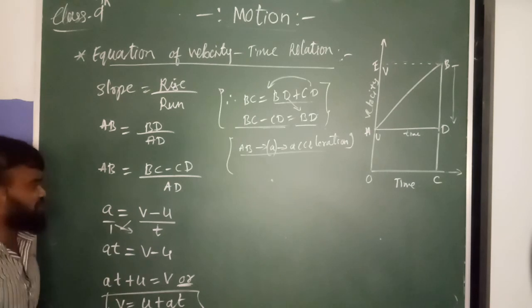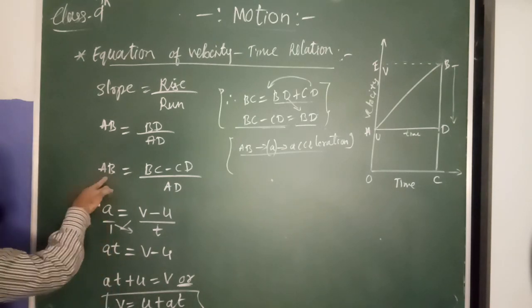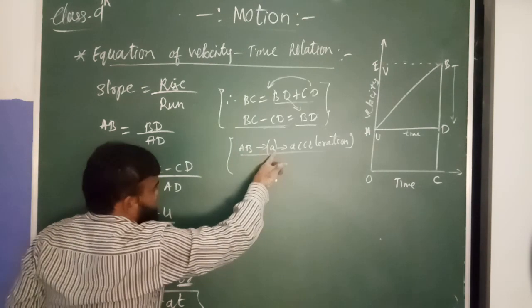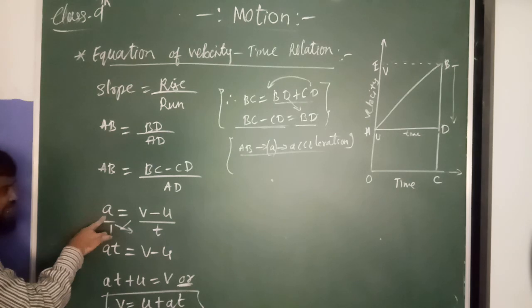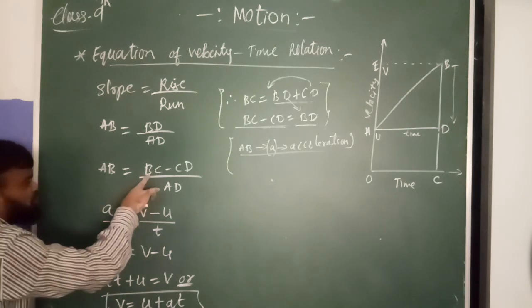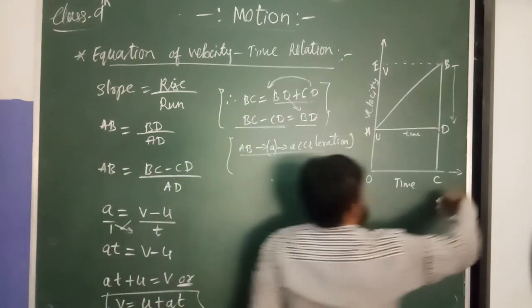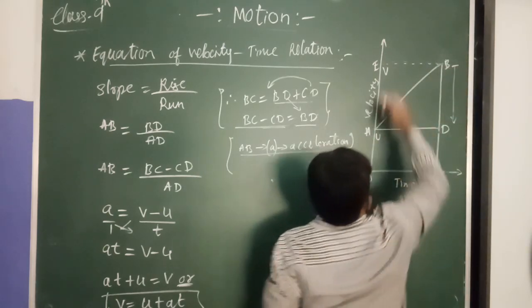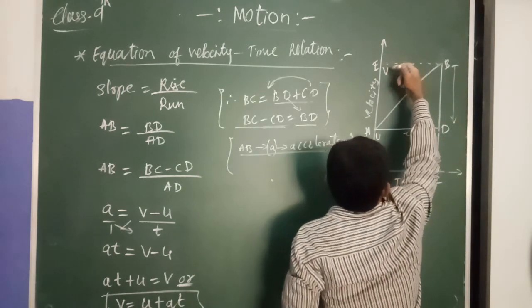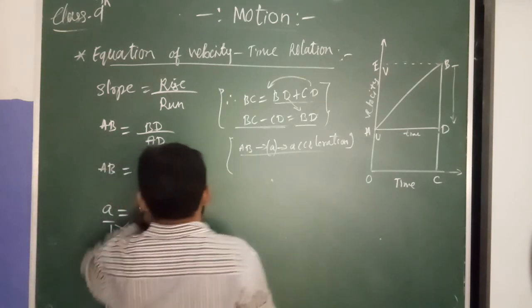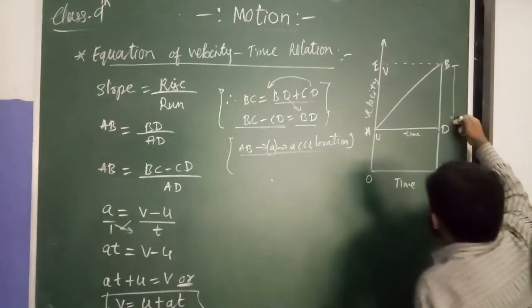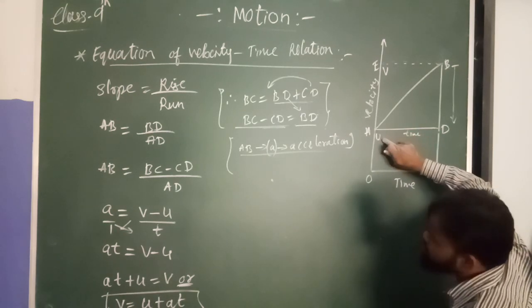After that, the a value we have taken. AB is acceleration, in the velocity-time graph. So a is equal to BC. BC is what? BC is full, 0 to here. That is the final velocity. Minus CD. CD is half. What is 0 to here? U. U is the initial velocity.